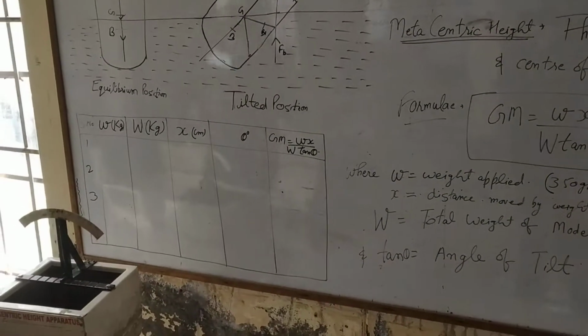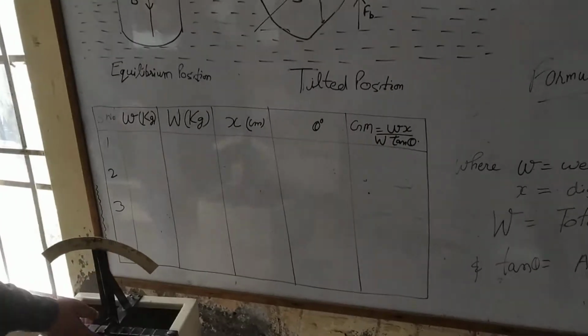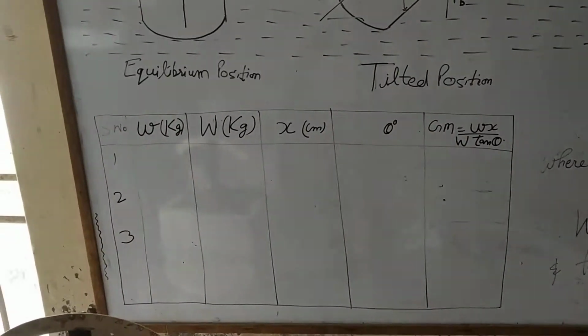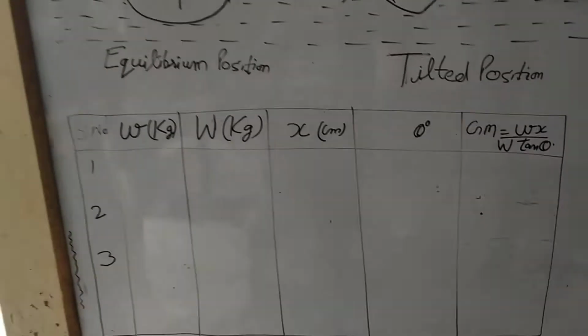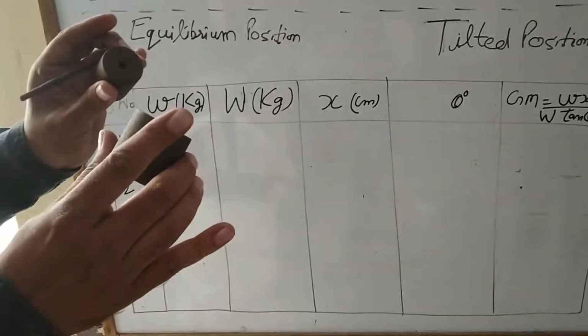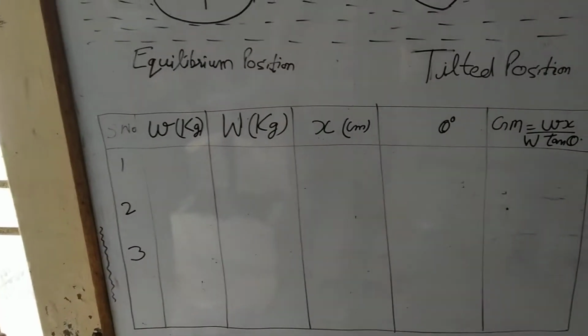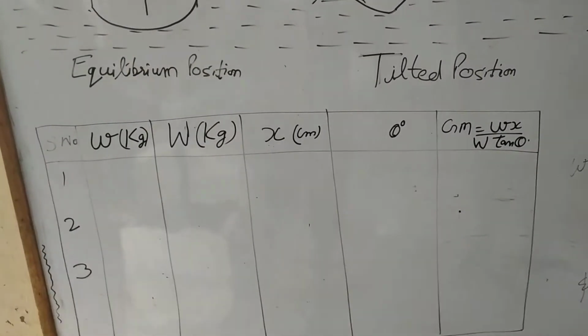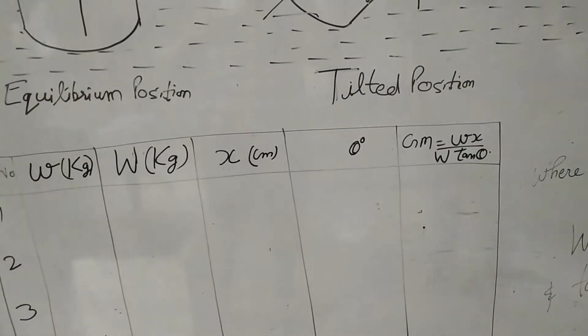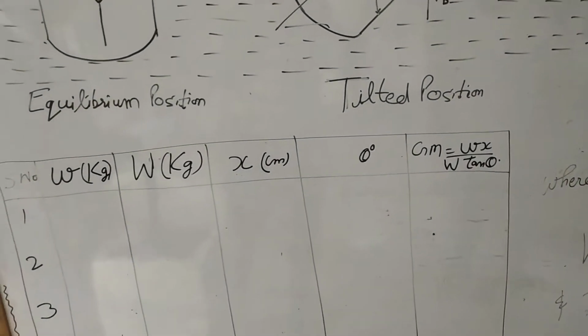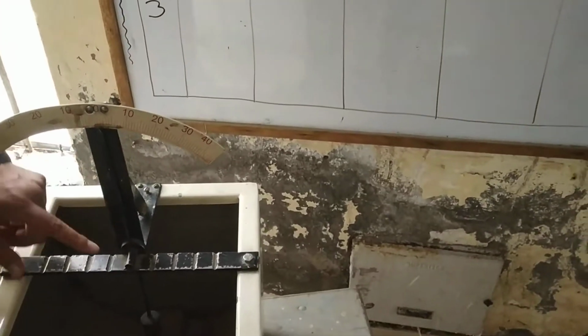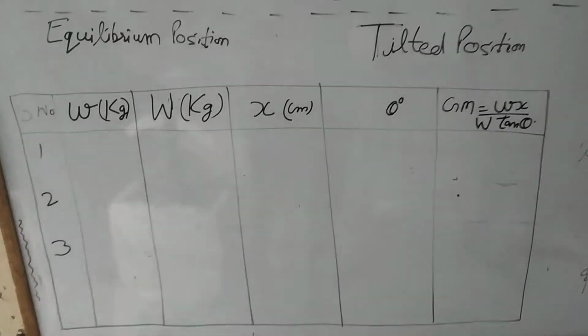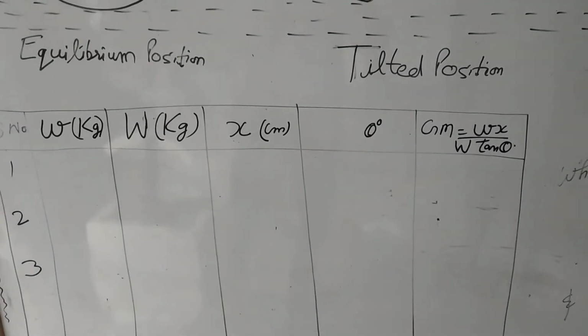You must note down this observation table. Small w is the weight of these small weights, capital W is the weight of our ship, and x is the distance from its origin: 2.5, 5, 7.5 and 10 centimeter.